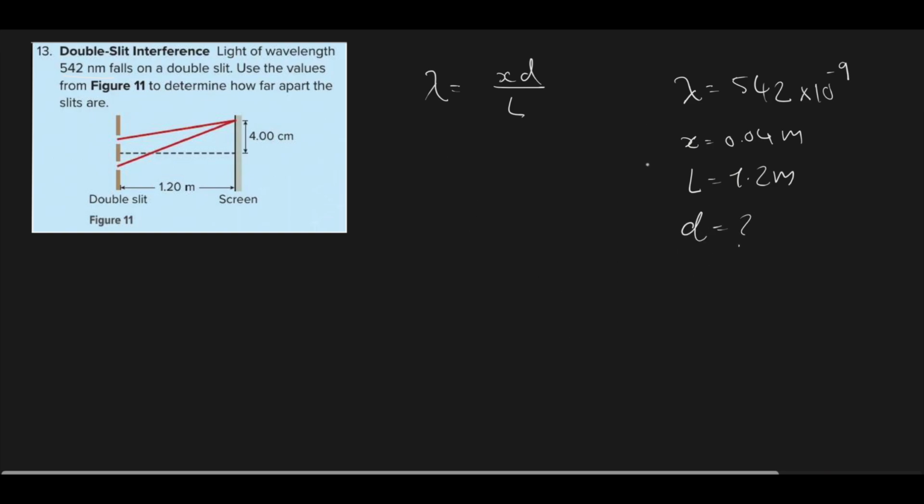So let's substitute these numbers into the equation. 542 times 10 to the power of -9 is equal to x, which is 0.04, times d, the thing that we don't know, divided by L, which is 1.2.